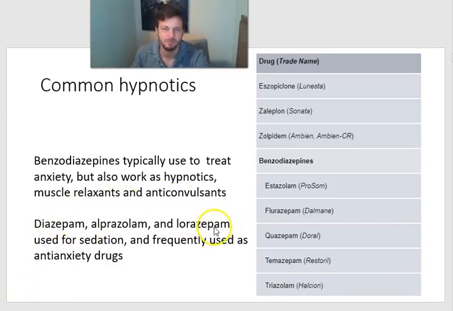Diazepam, lorazepam. These are typically used for sedation and also as anti-anxiety drugs. So some of the ones that we'll talk about: Lunesta, Sonata, Ambien, and then your benzodiazepines like temazepam.